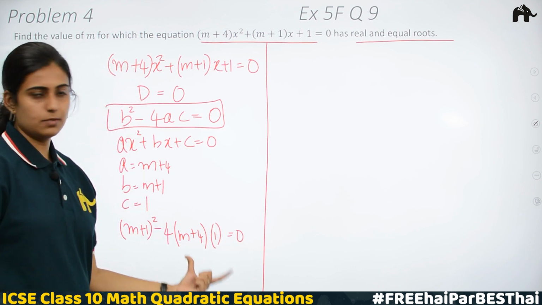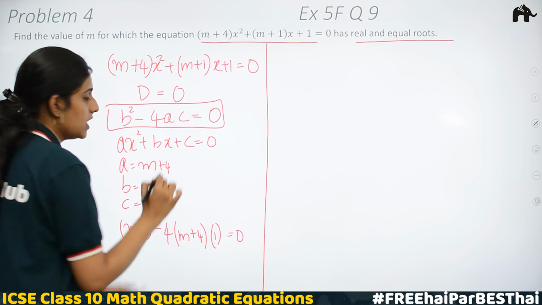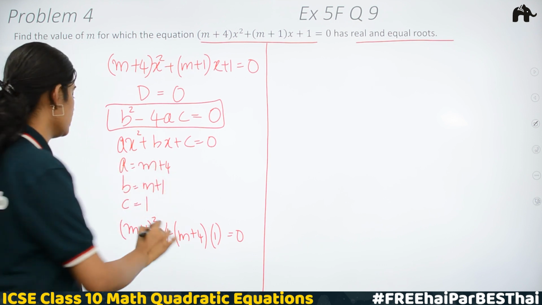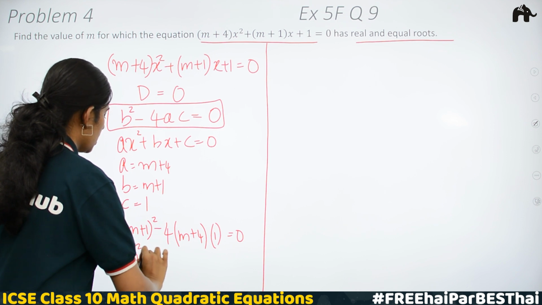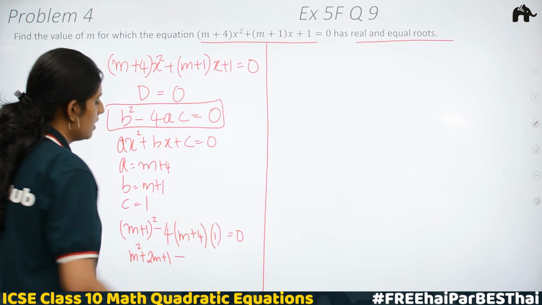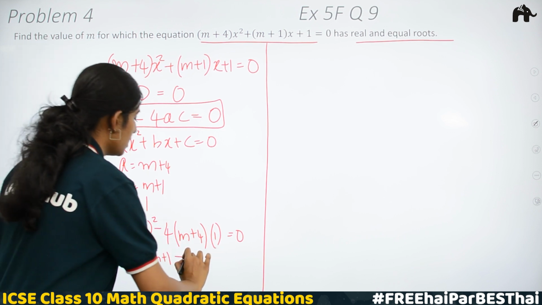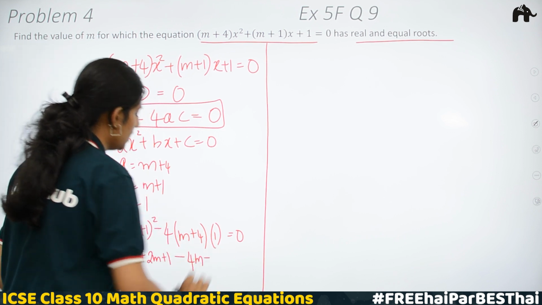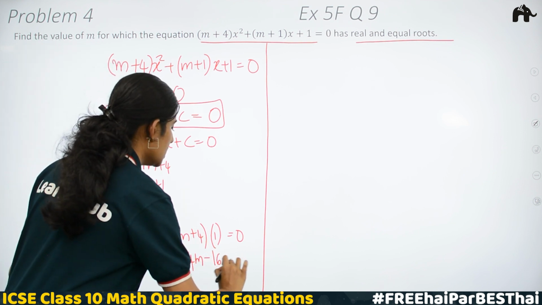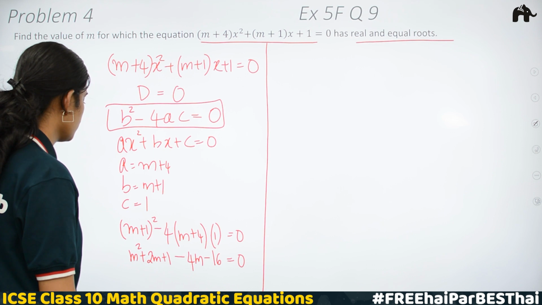This is our discriminant. What is (m + 1)²? (a + b)² is equal to a² + 2ab + b². That is m² + 2m + 1 minus, removing this bracket, we get −4m − 4 into 4, that is −16, is equal to 0.